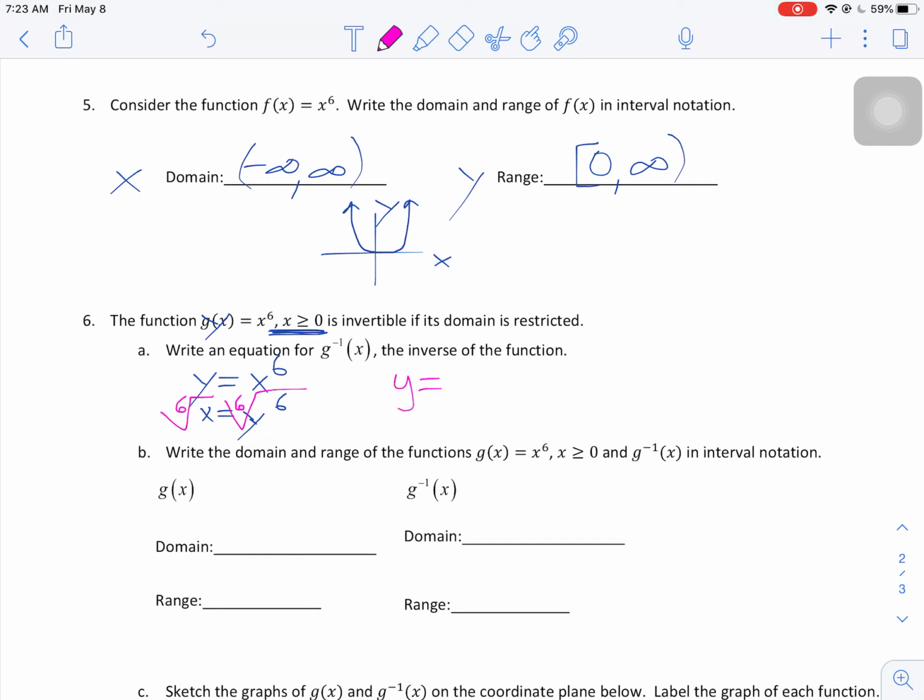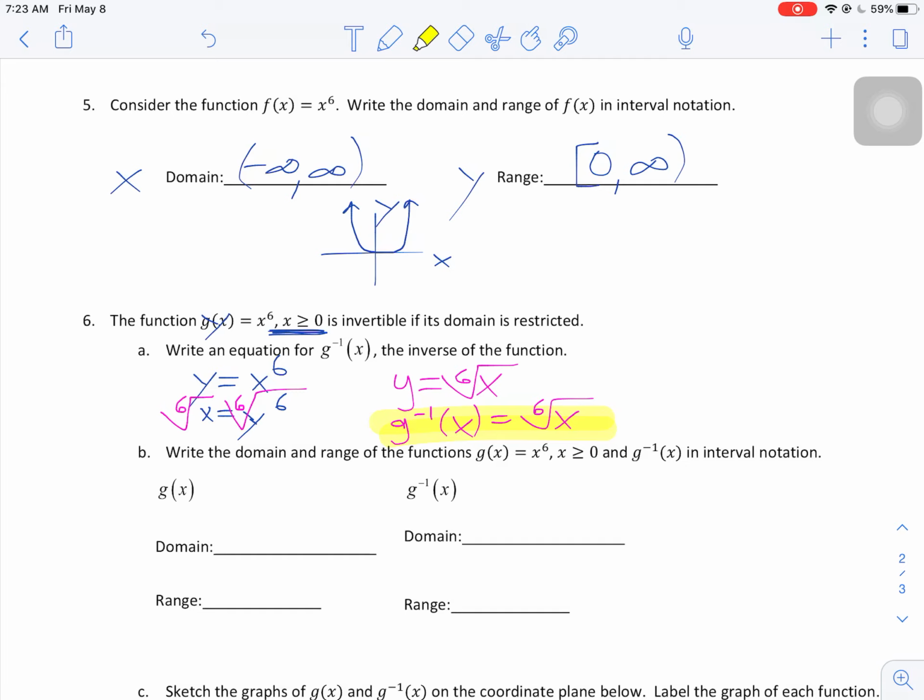But because we restricted the domain, we're not going to add the plus minus symbol on our answer because that'll mess up the fact that we're trying to make the inverse function a function. And then if I want to go with the fancy notation, instead of y, I want g inverse x equals the 6th root of x. So that would be our answer.